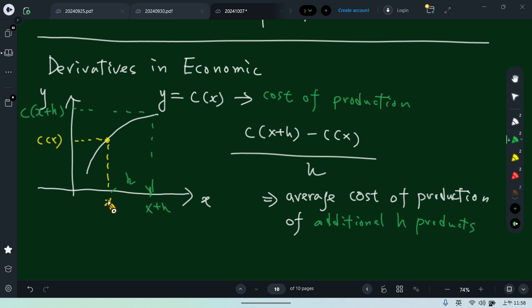Originally, if you want to produce x products, the cost is here. If you want to produce additional h units, here will become x plus h. So the corresponding cost will become c of x plus h. So when you get its difference over h, then you will get the average cost of production for the additional h, right? This is additional h.